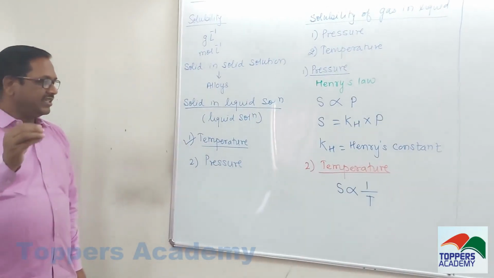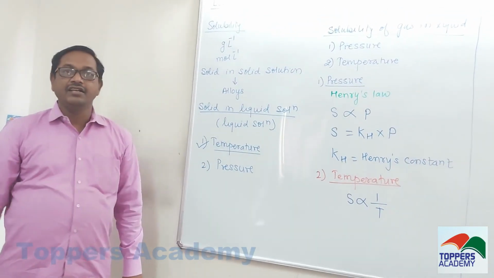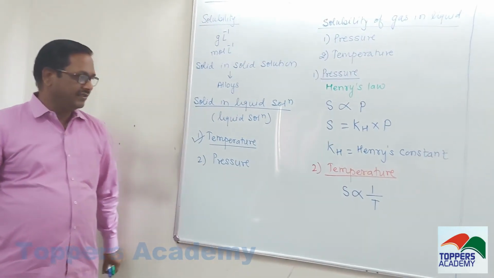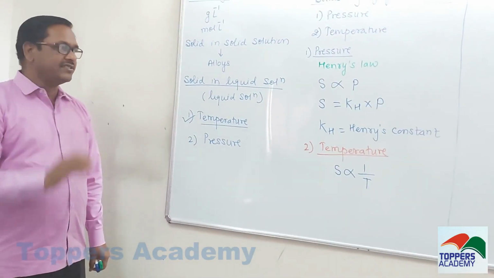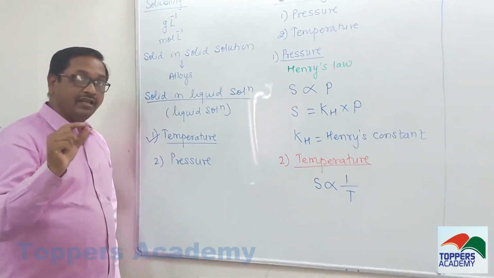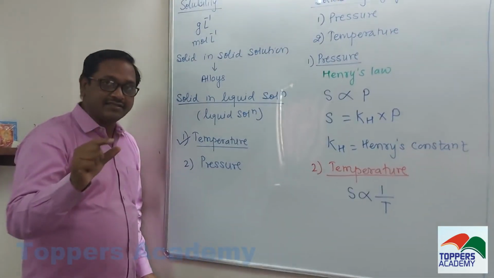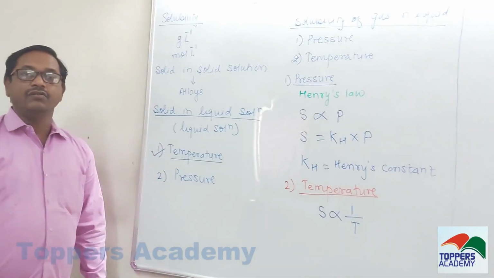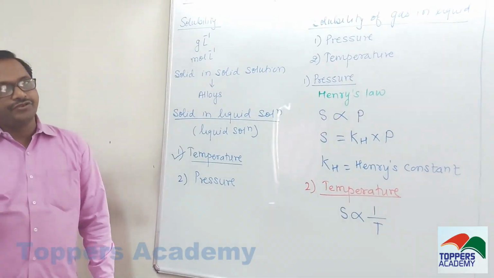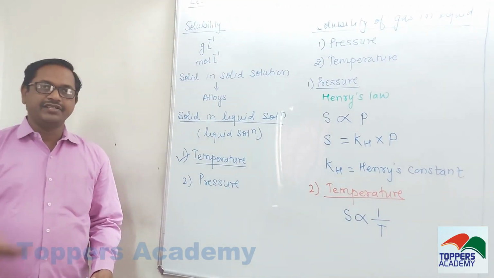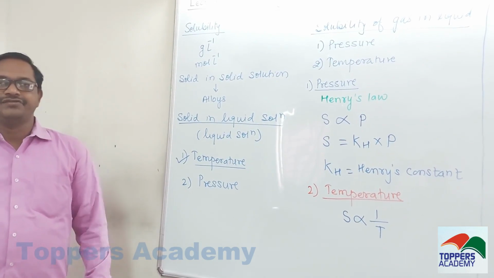Now what is the application here? Now remember, during the summer season, aquatic animals are always found in the lower level of the sea. Why does this happen? Because during the summer season, temperature is very high at the surface of the sea.